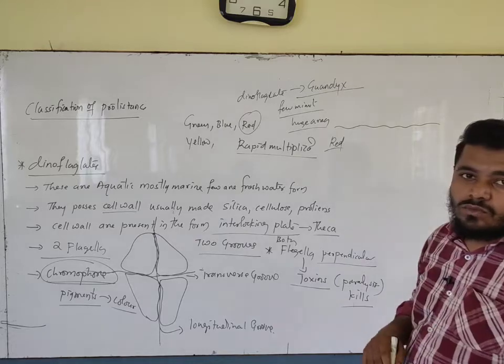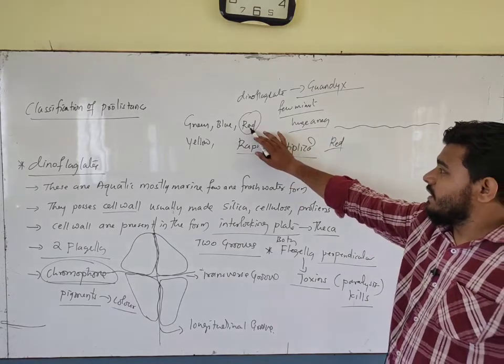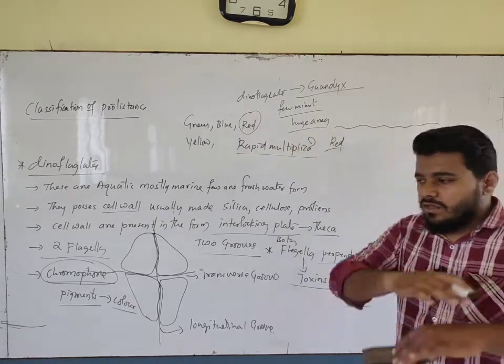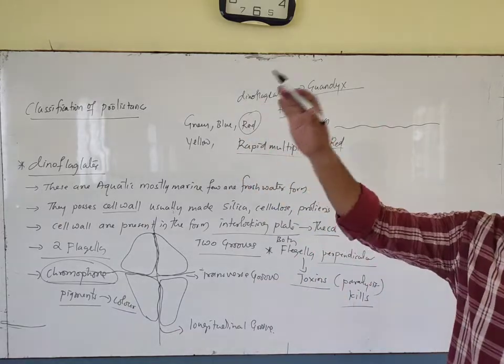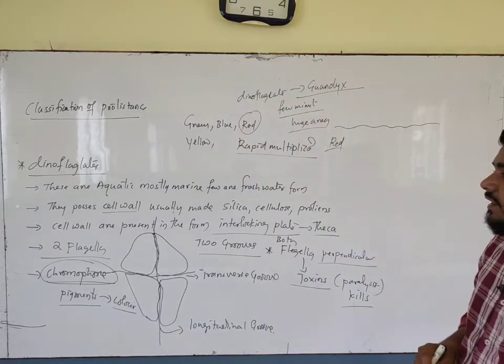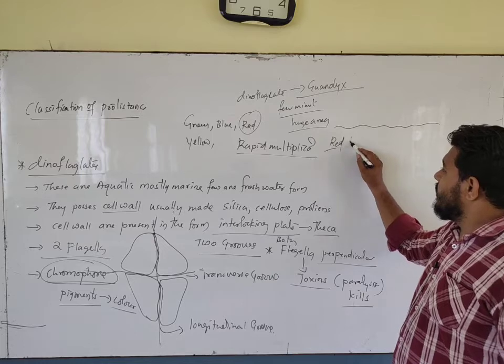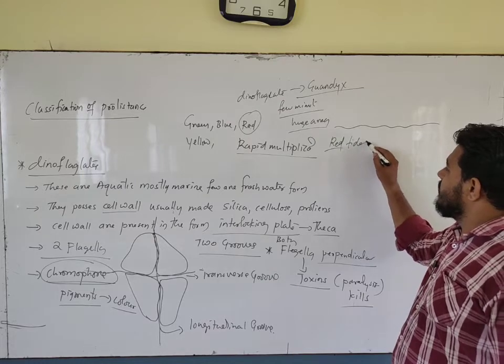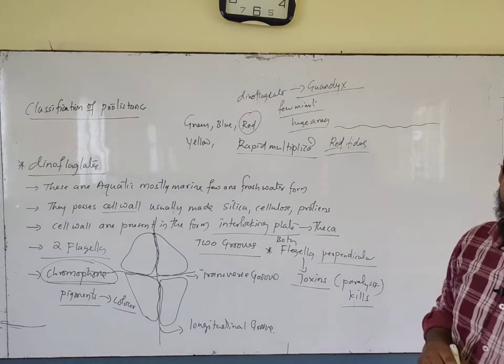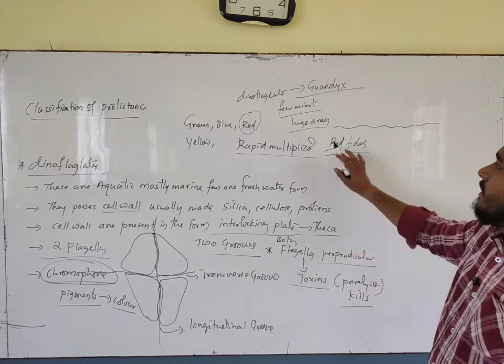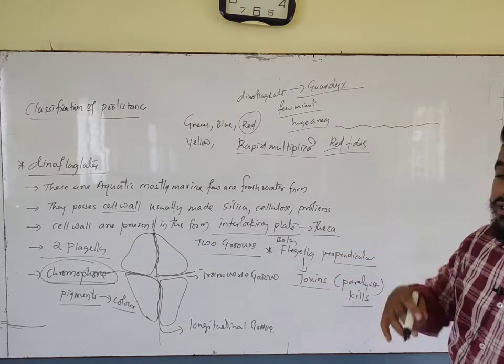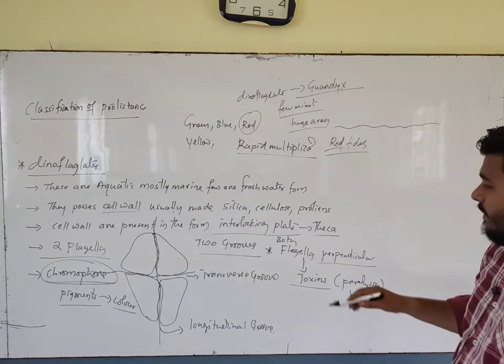Because of the red color, they cover the whole ocean shore and the water becomes red. So people call it red tides. This can be asked in the exam: red tides are caused by Gonyaulax, red dinoflagellates.